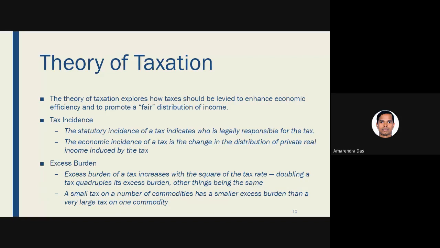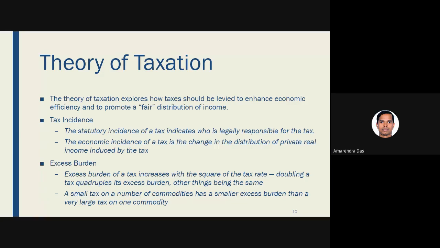Then we also discussed the theory of taxation. Public economics or public finance discusses the theory of taxation, and in that we discuss tax incidence, because there are two types of taxes: direct tax and indirect tax.